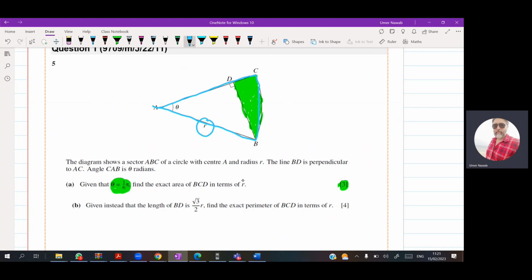That's why he has asked you to write your answer in terms of R. If he had provided the radius numerically, he could have asked you to find the exact area. So the area of a sector is half R squared theta. This is the sector area, ABC sector.